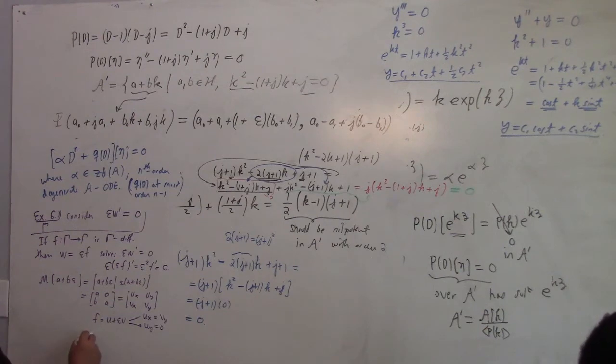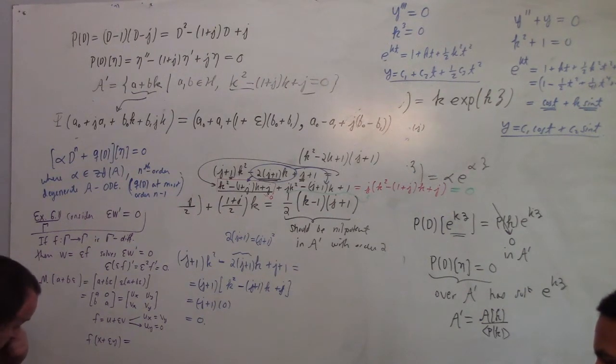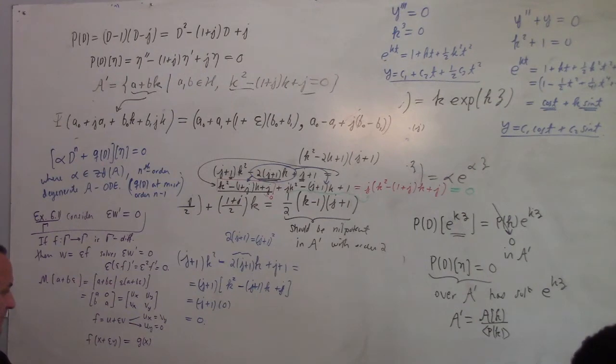So if we have f of x plus epsilon y of the form, I could have g of x, a real function.